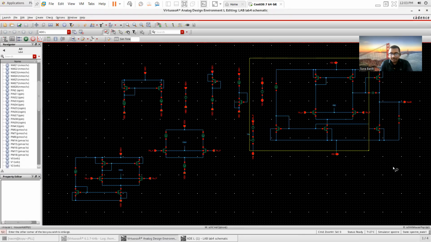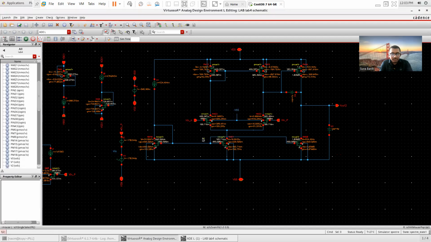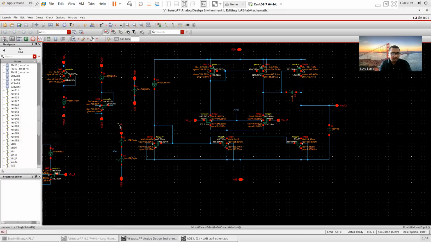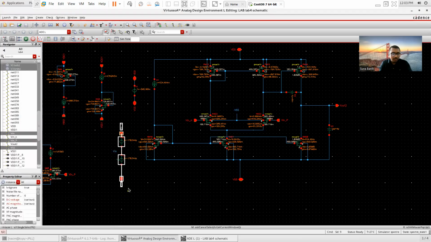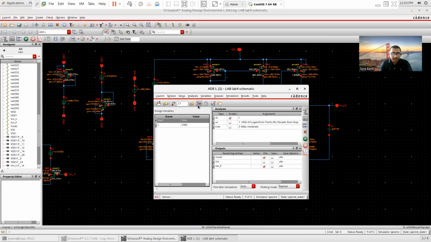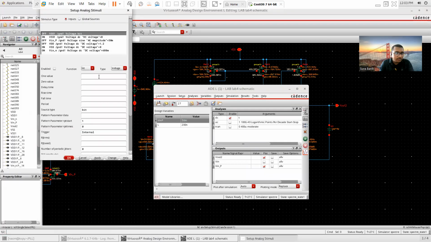Some time ago I simulated the circuit and everything was okay. But right now, what is the problem? Okay, I am removing this, and it will be easier for me to provide voltage over there.